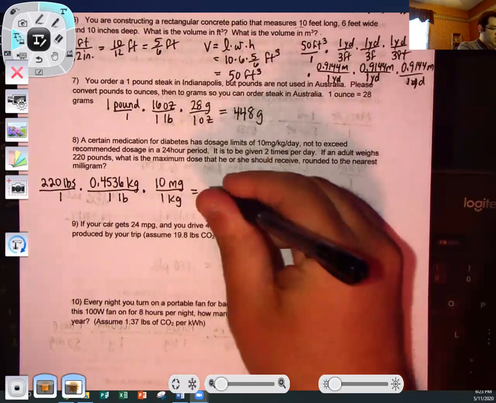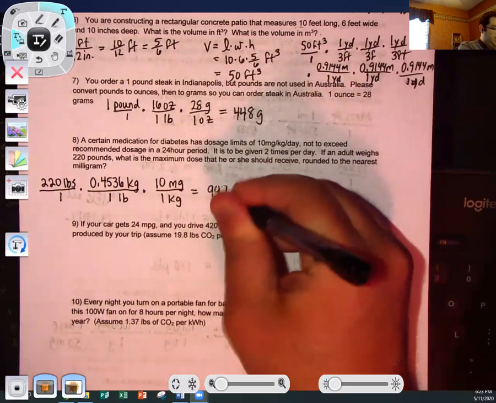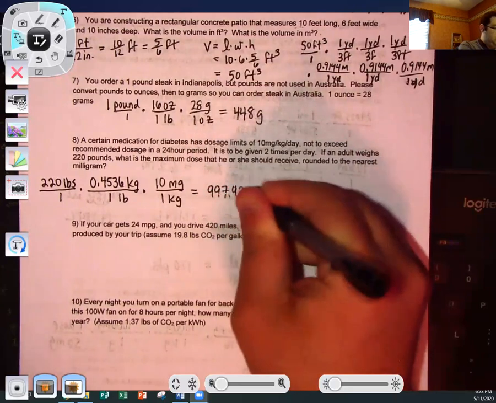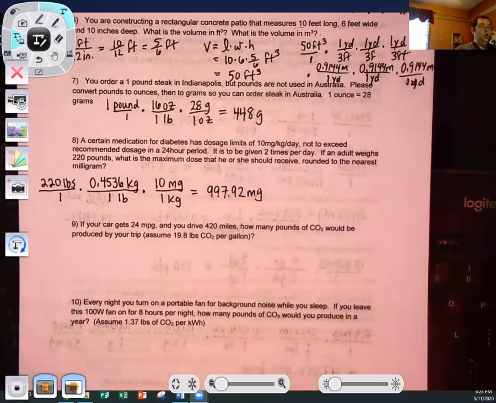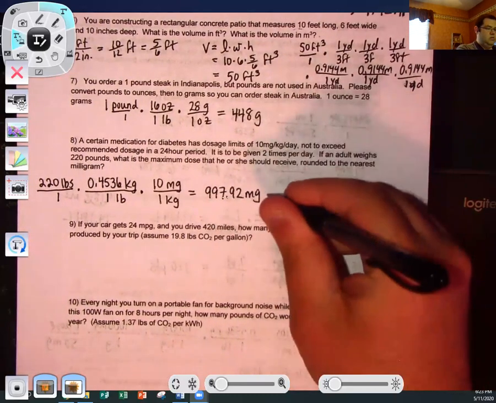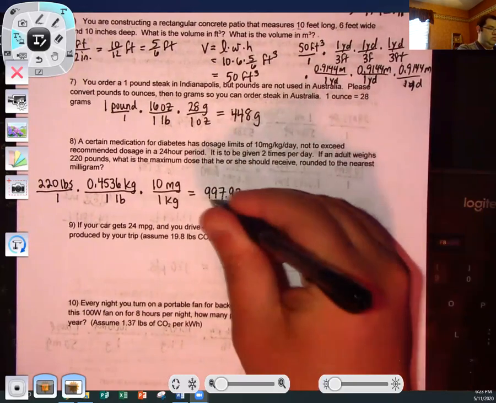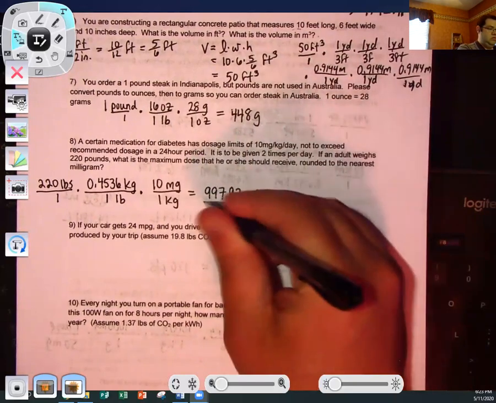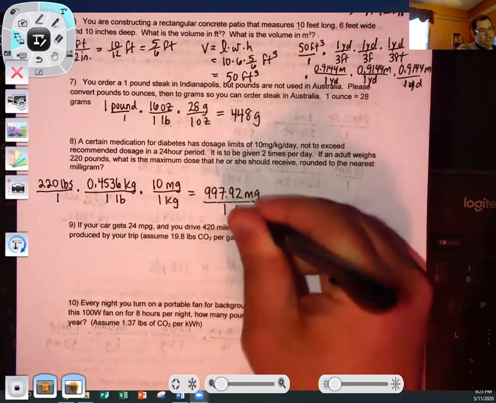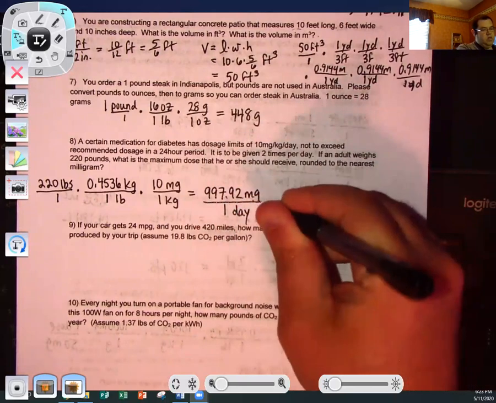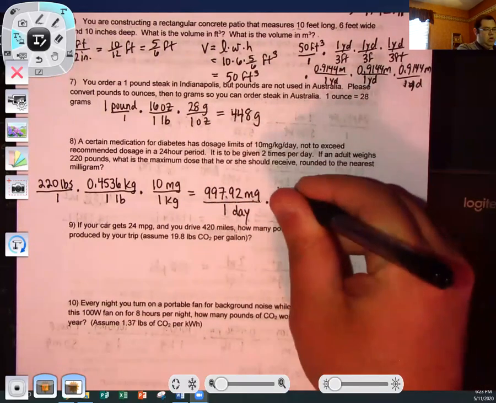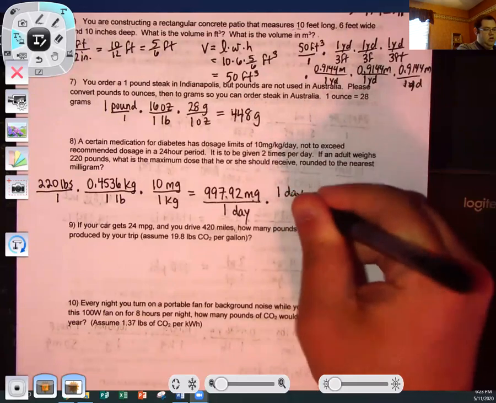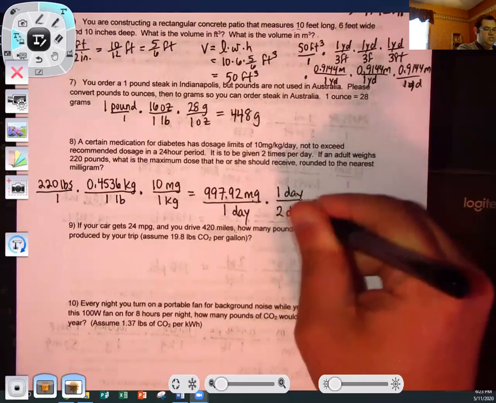So this person can receive 997.92 milligrams per day. So this is per 1 day. So now we would multiply that by 1 day over 2 doses.